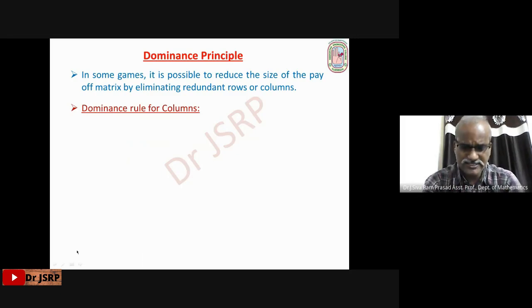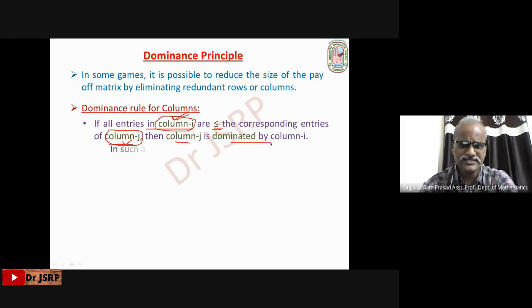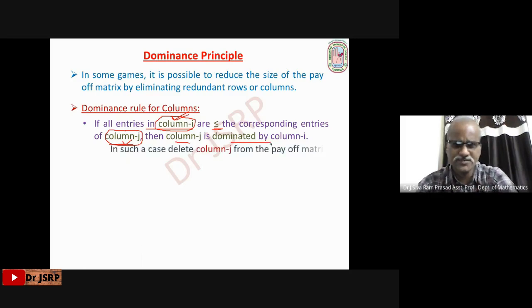In this case, we compare two columns, column I and column J. Suppose all entries in column I are less than or equal to the corresponding entries of column J. That means the payoffs corresponding to strategy I are less than the payoffs corresponding to strategy J. In such case, B always tries to select strategy I. That means he skips strategy J, that is, column J. Column J is dominated by column I. In such case, delete column J from the payoff matrix.